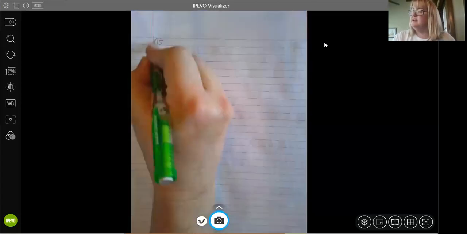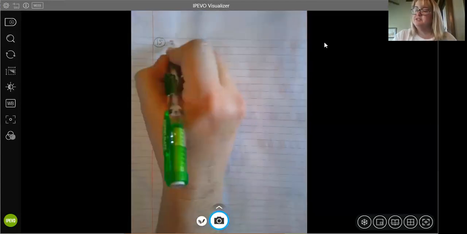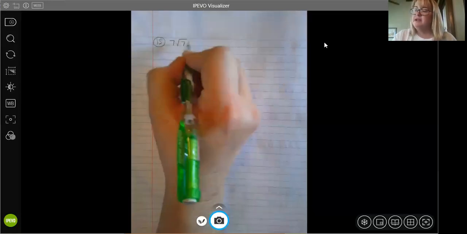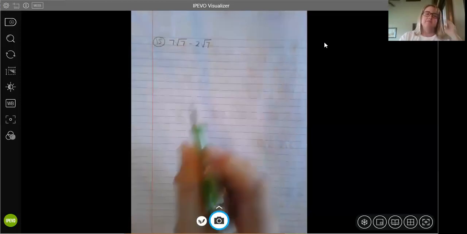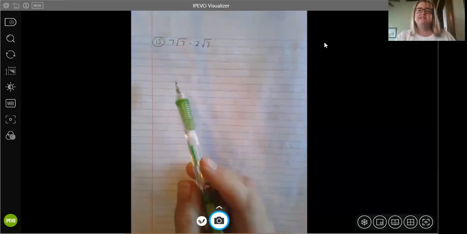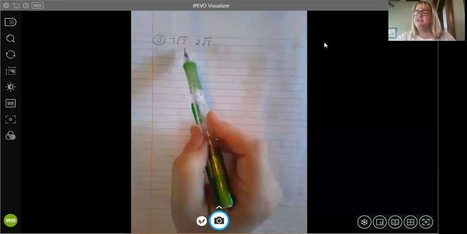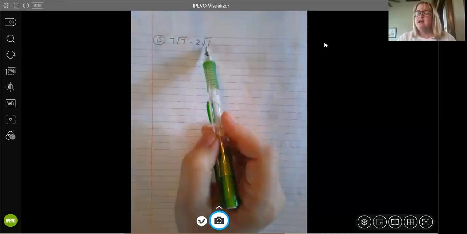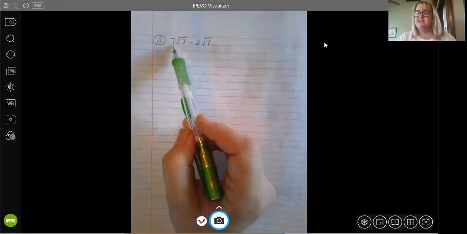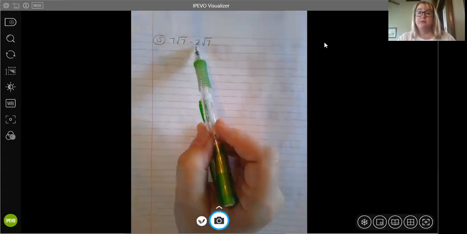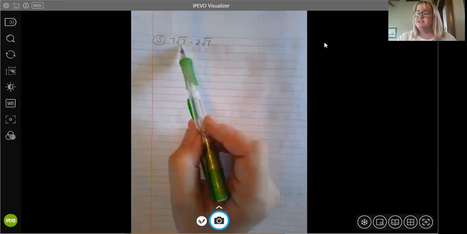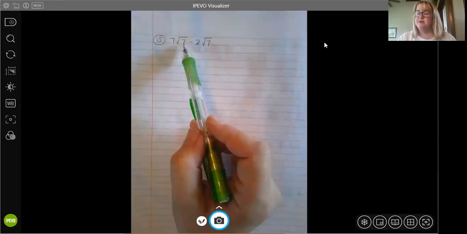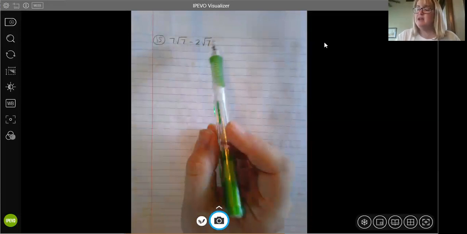15 says it is 7 times the square root of 7 minus 2 times the square root of 7. In this we have 7 times the square root of 7 and 2 times the square root of 7. You have 7 groups of square roots of 7 and 2 groups of square roots of 7. So if you have 7 groups of square roots minus 2 of these square roots, you have 5 of them left.